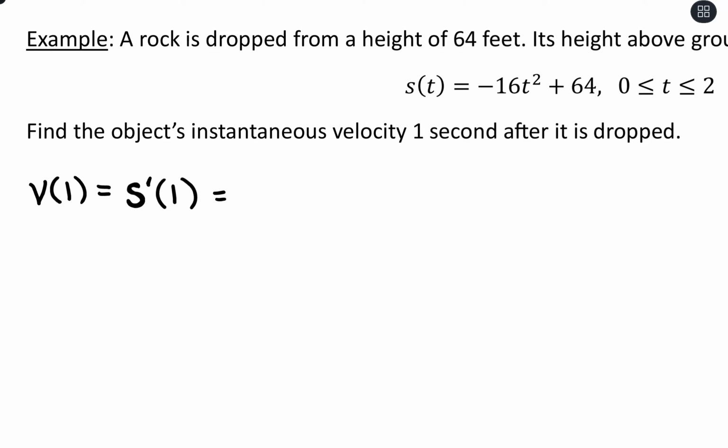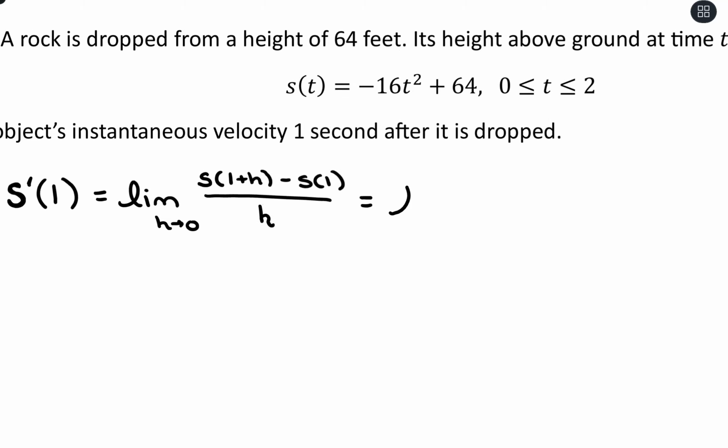So what we're going to do here is take our limit as h approaches 0, and our function is s of t, so we're going to use s of 1 plus h minus s of 1, all over h. And that'll calculate our first derivative at t equals 1 using our position function.